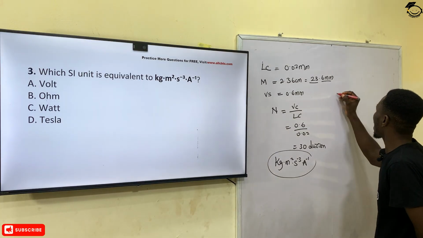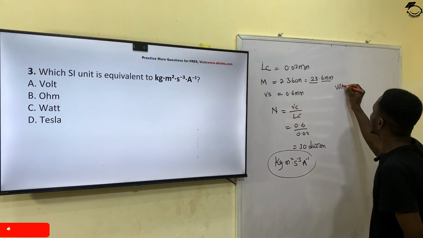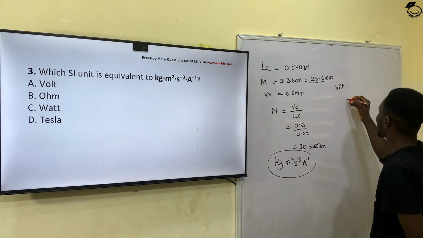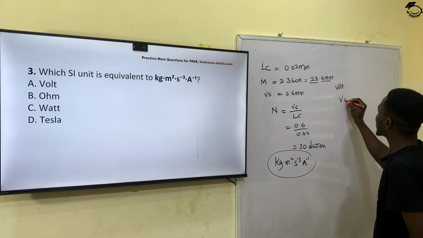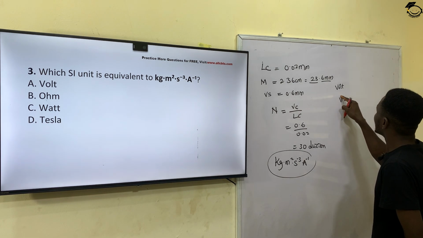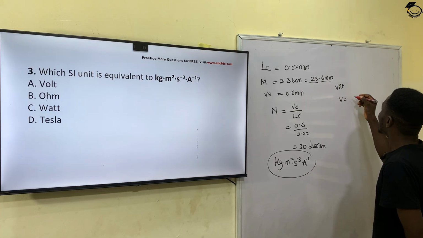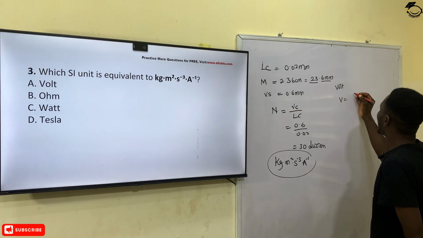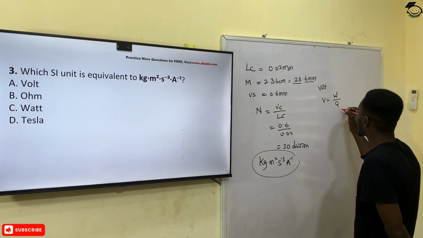The first one here is volt. And we know our volt is the unit of voltage or potential difference. Our potential difference is the work done in moving a charge, which means work done over charge.